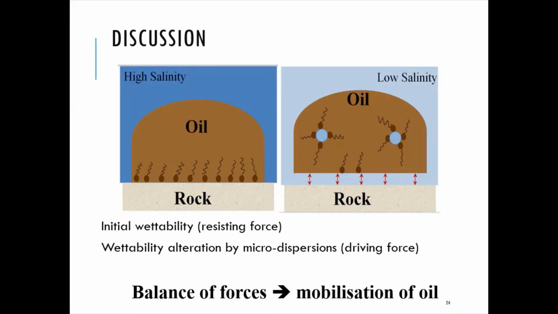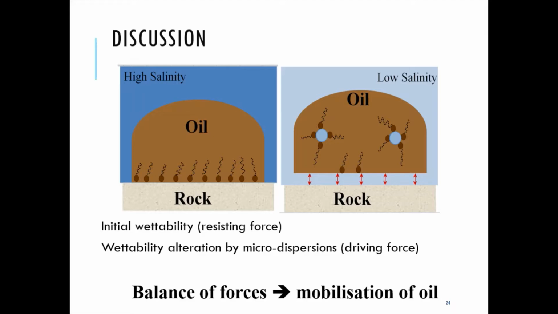To explain how this micro-dispersion can lead to additional oil recovery and the detaching of the oil from the rock, we have this illustration here. We think that when the oil is changing wettability initially, these polar components are adhered to the rock. When the micro-dispersion is forming by low salinity water, we will have a dislocation of the polar components, because they are surrounding the packet of water, which we call micro-dispersion.